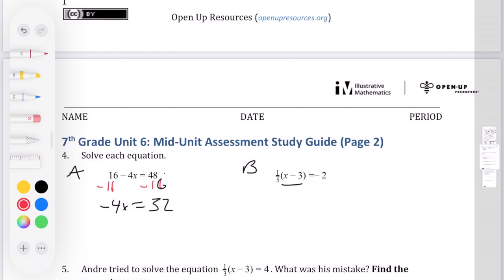Well, then I need to divide both sides by a negative 4, isolate x, and we get x equals 32 divided by negative 4, which reduces down to -8. So we find the solution for x here is -8.